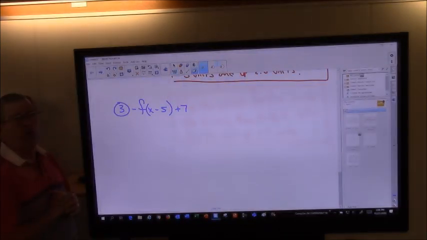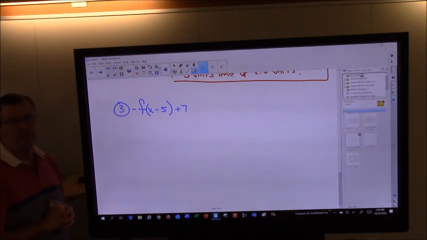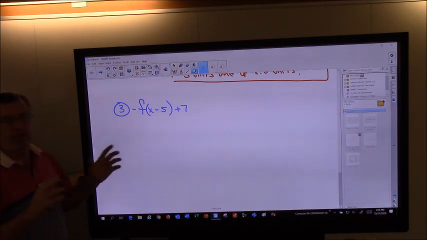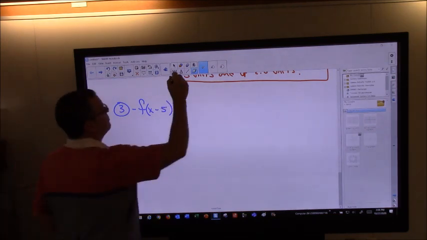All right. Let's try one more. Oh, baby. How is this function different than its parent function? Now, some of you are going to look at this and you're going to go, I don't even know what the function is. I don't even know what he's talking about. And we don't have to know, right? Here's the thing.